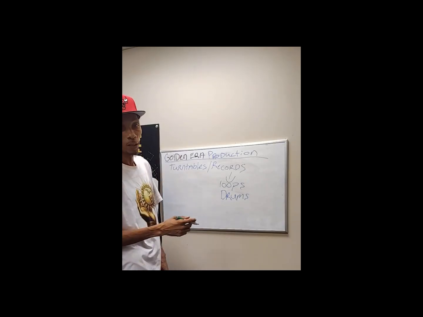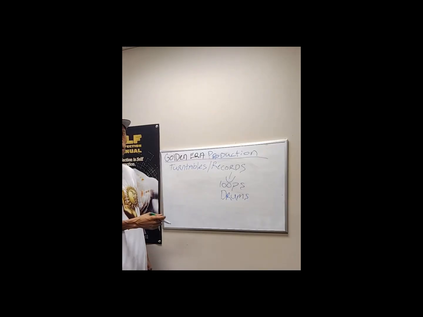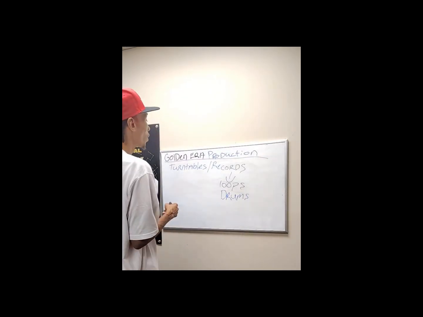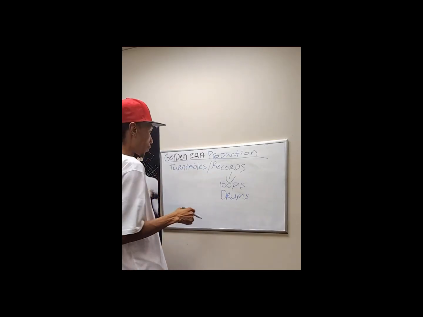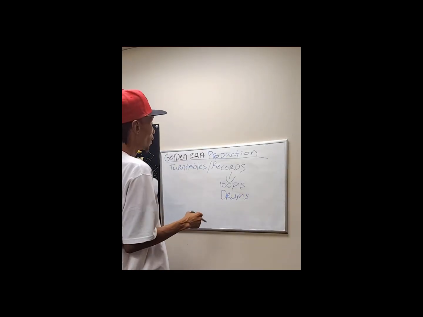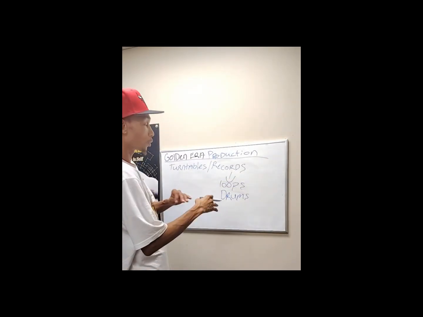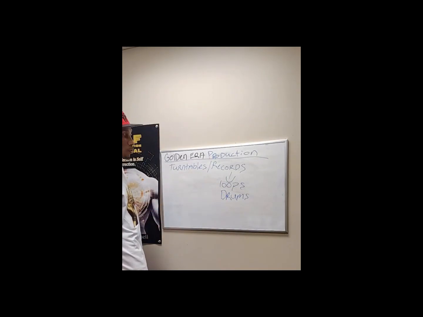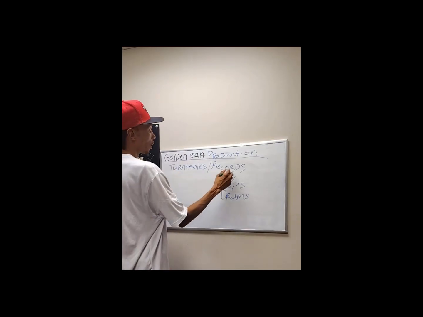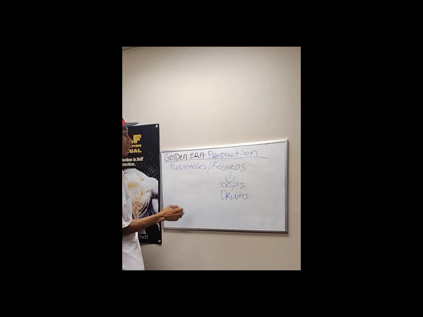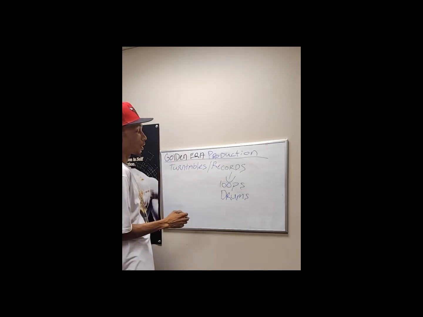Turntables we use to play the records. I know a lot of people don't even have a record player anymore, but golden era people still do. Real hip hop people still got turntables. And I don't even mean Serato, I mean real wax turntables. Serato is cool, maybe preserves your records, but it's always good to have the original turntables. From the records, we get the loops and the drums. That's pretty much the golden era production.